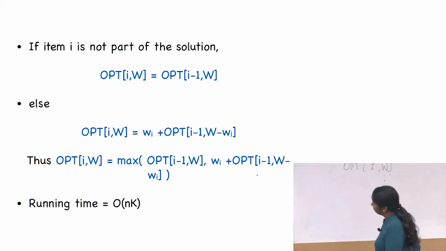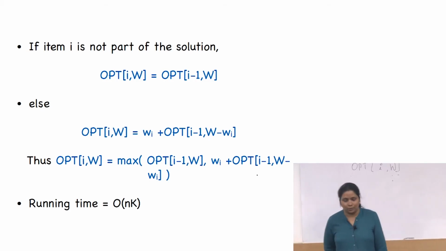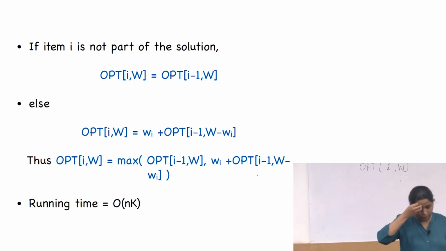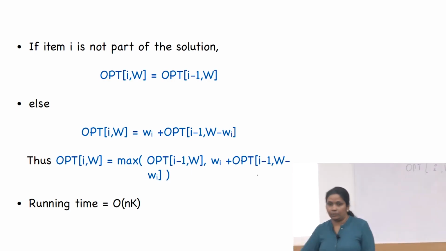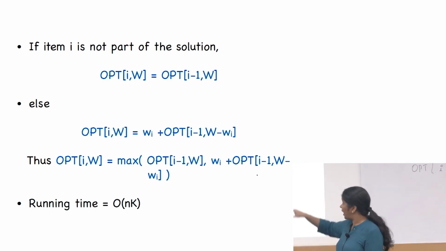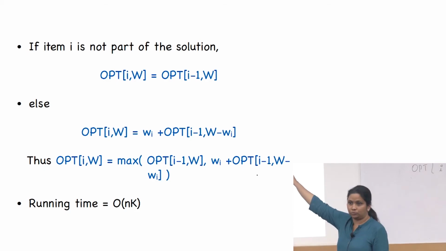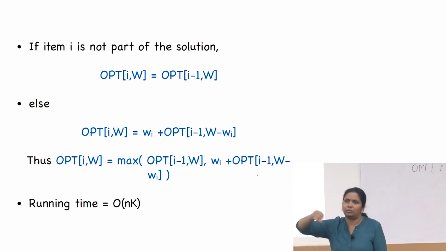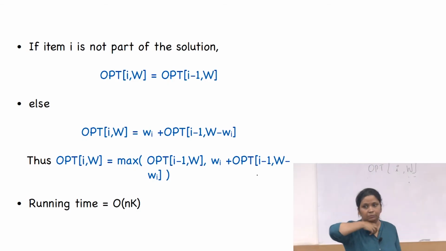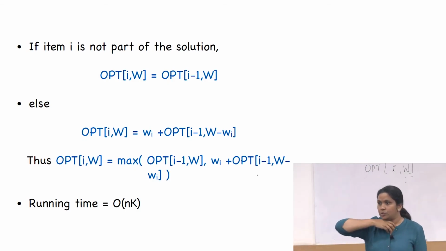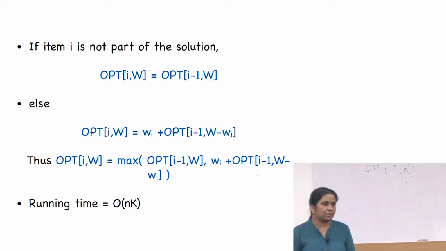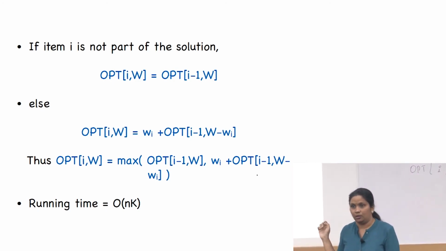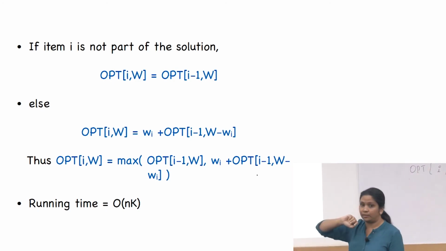Running time. One easy way to find the running time for DP algorithms is this. You have this recurrence, so you can think of storing these values in a DP table. You want to calculate each entry in the table. First, how many entries are there?